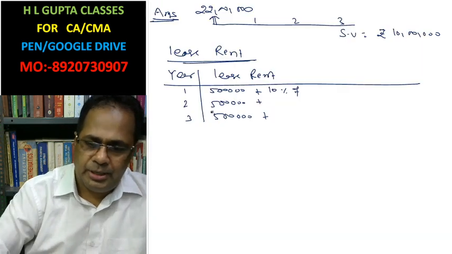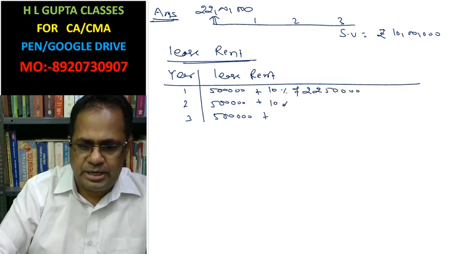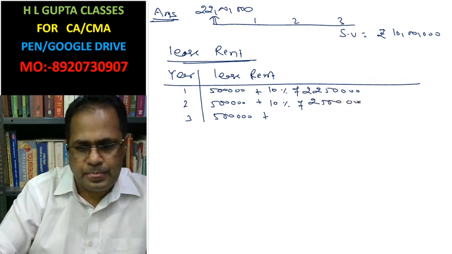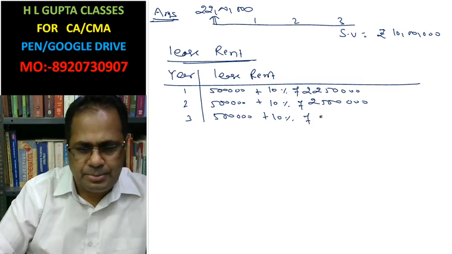Then this is 10% of 22 lakh 50,000, this is 10% of 25 lakh, and this is 10% of 27 lakh 50,000.